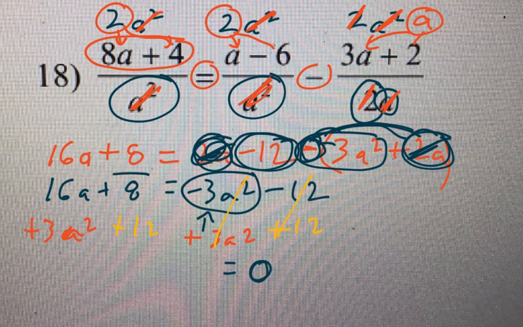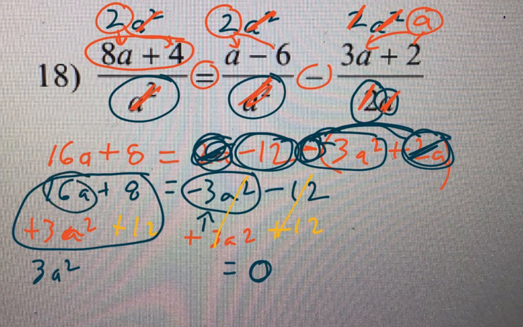And I need to make sure this is nicely organized in order. So 3a squared is first. 16a is next. The 8 and 12 make 20. So again, this is where you use a quadratic formula, guys. But I am going to do the X method here.